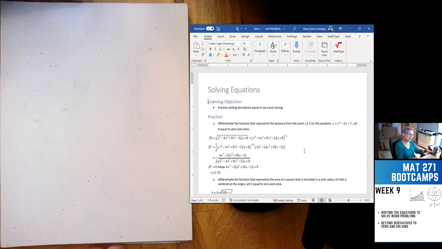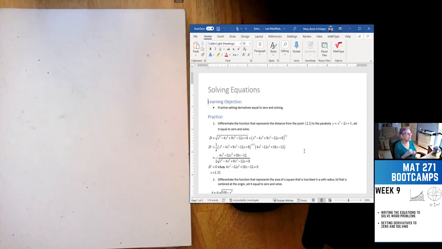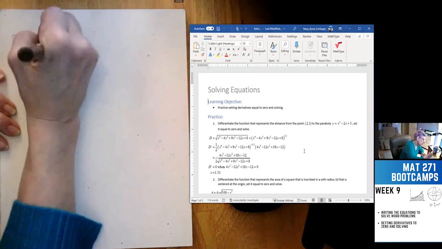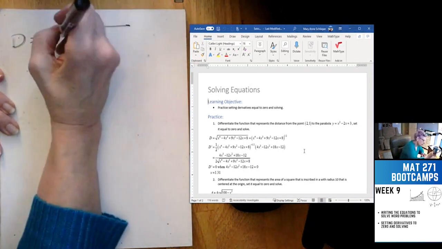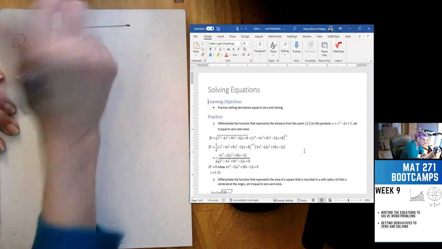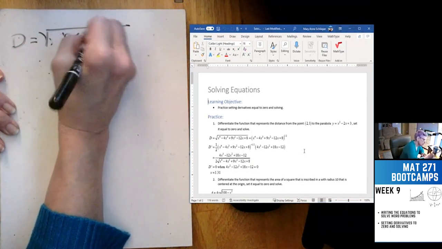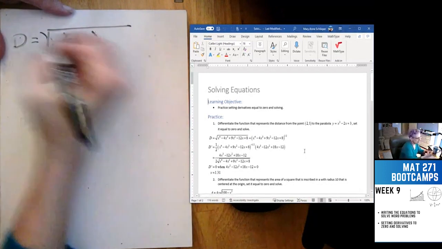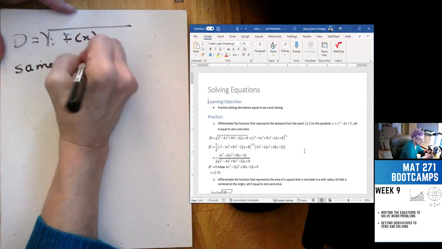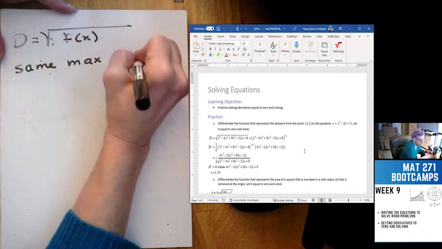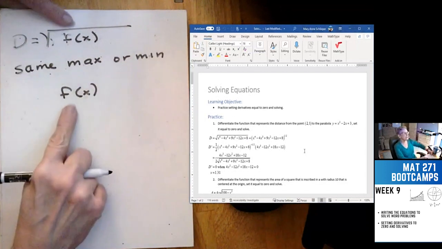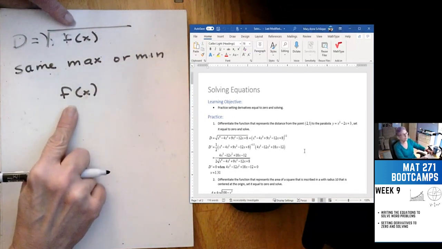But another little trick about the distance formula, if you look at the distance formula, you have something sitting underneath the radical, x to the 4th. I'm not even going to write it down. I'm just going to say we have a function over here. This thing has the exact same maxes and mins as just the thing living underneath the radical.